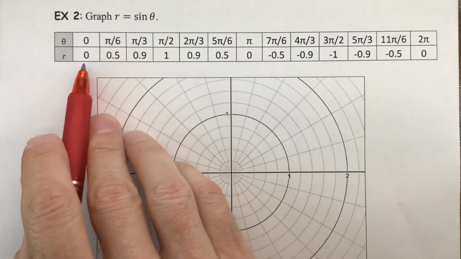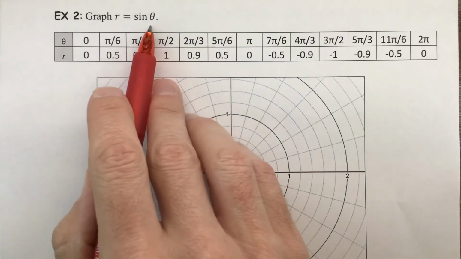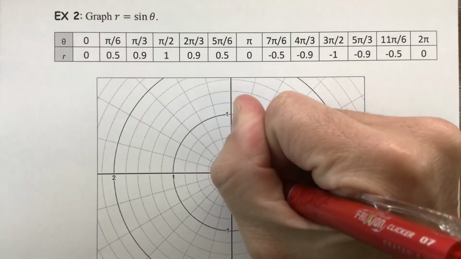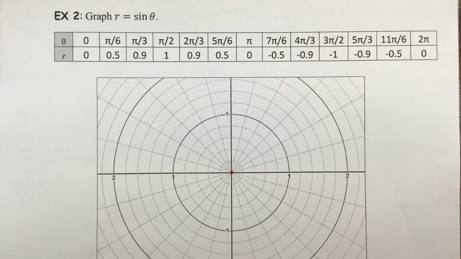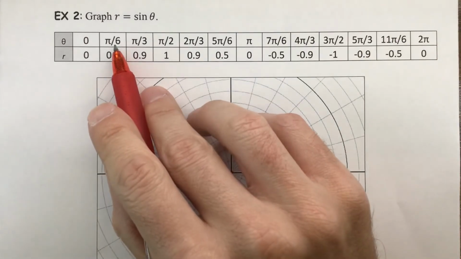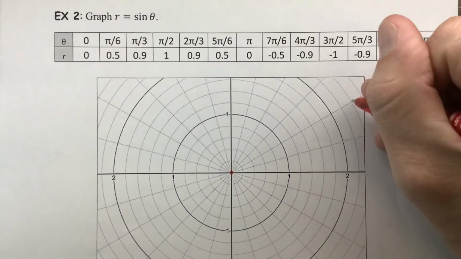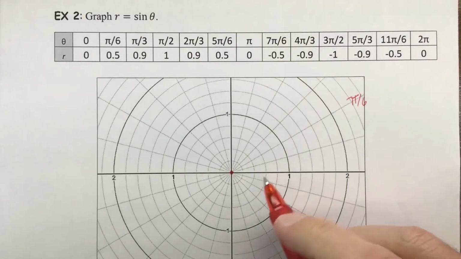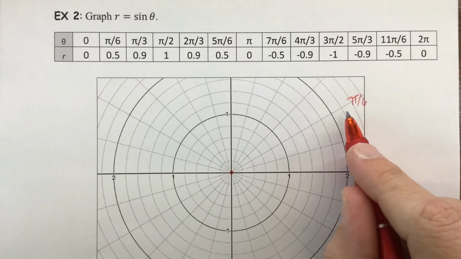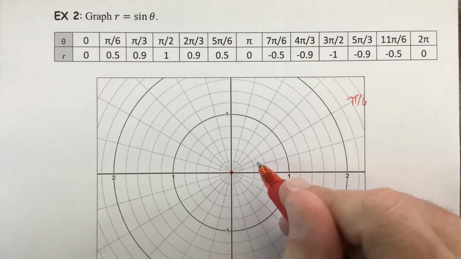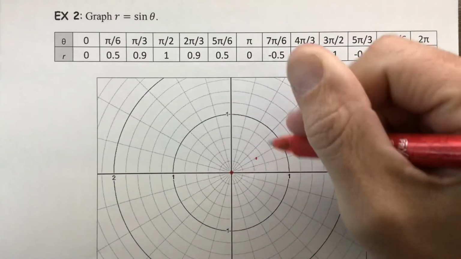At theta as 0, the r value is 0, so the sine of 0 is 0. That's going to give us a point right there at the origin to start things off. At pi over 6, we're going to get 0.5. So that's going to be here.